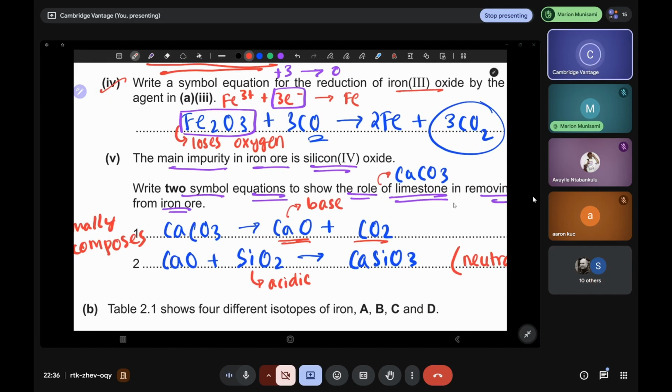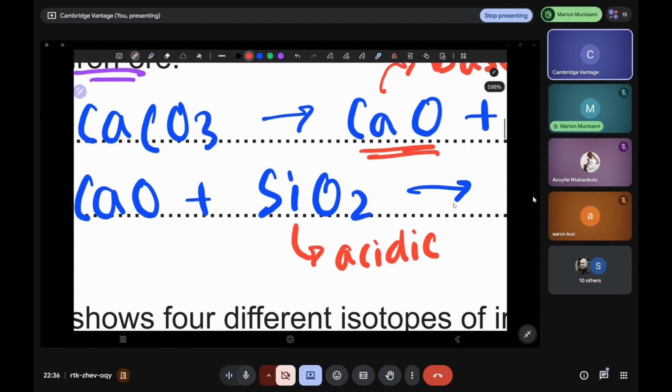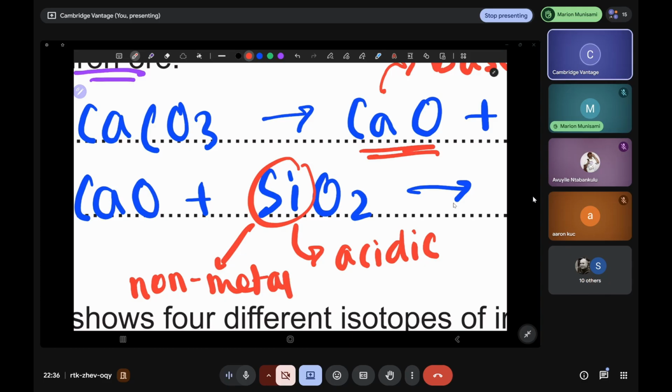And the calcium oxide is the part that's important, because calcium oxide is a metal oxide, and all metal oxides are bases. So this base is now going to react with silicon oxide. But why is that the case? It's because silicon oxide contains silicon, which is a metalloid or a non-metal, and because of this it's an acidic oxide.